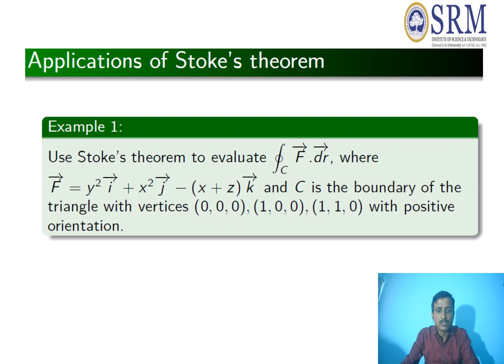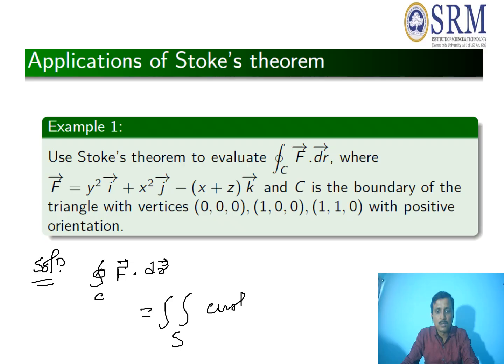So what is that Stokes theorem? Let me write it for this question. By the Stokes theorem we know the line integral of F dot dr will be equal to the integral over the surface S of curl of F dot product with the outward normal unit vector n, dS.